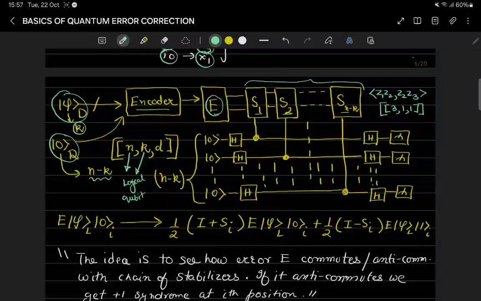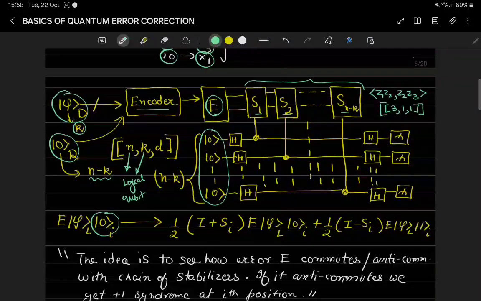This has n minus k zeros as ancillary bits, and then there is one Hadamard gate, and then you have the controlled operation, and then you again have a Hadamard gate, and then you measure the qubit. So let's look at what happens if I measure one of the stabilizers. Suppose I have the 0 i, so it is measuring the ith stabilizer.